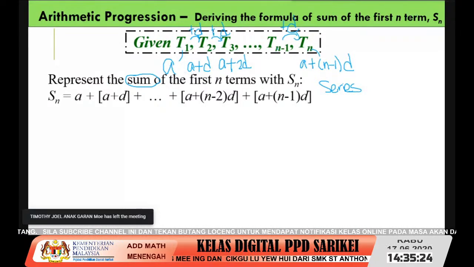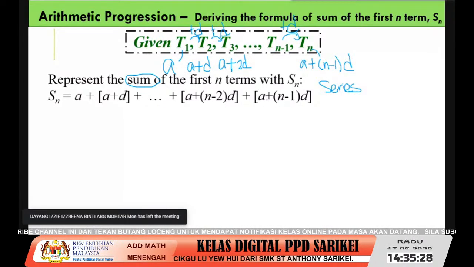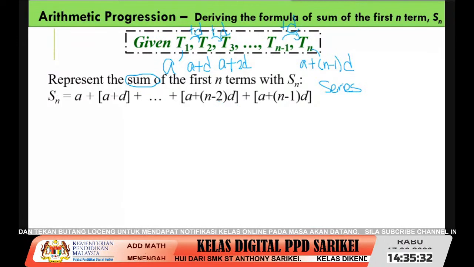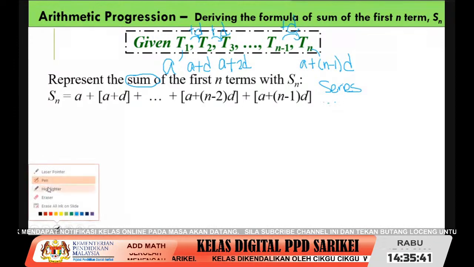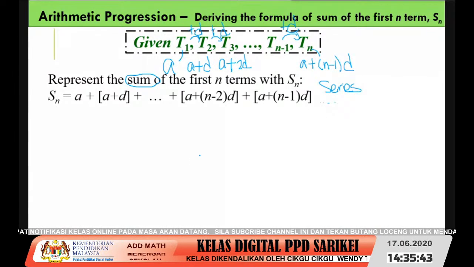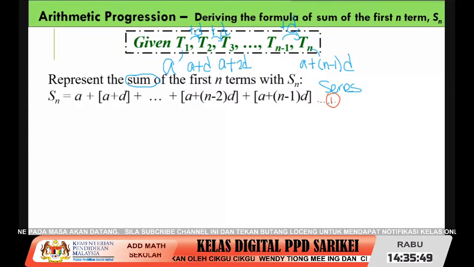Okay, next Tn is A plus n minus 1D. So the term before it must minus one, so this is minus 2, minus 3, and so on. Okay, so I will assume that this is my first equation.